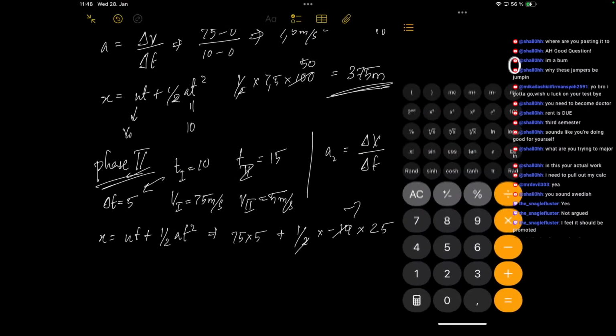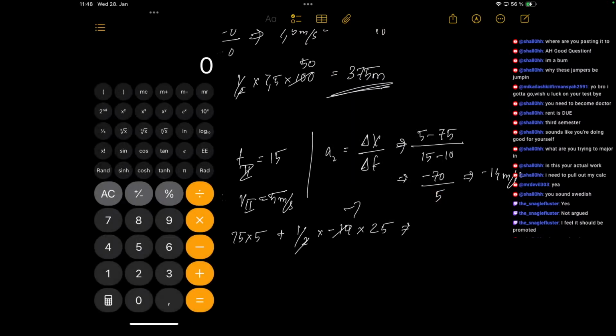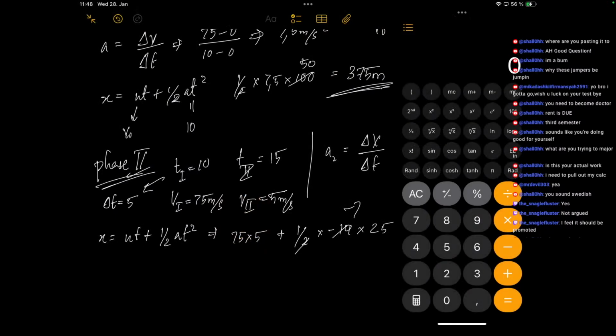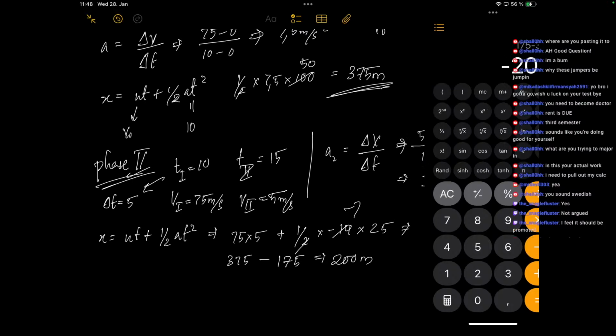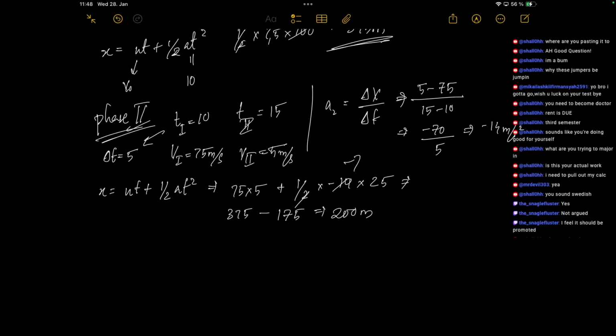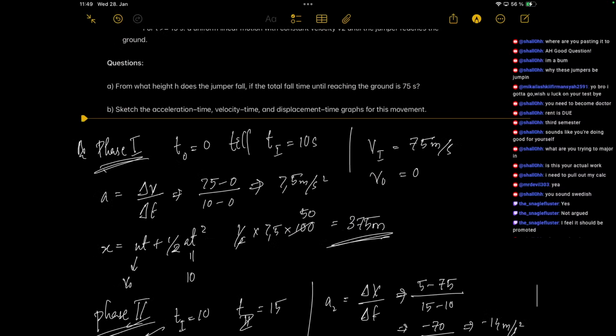I'm not doing that, I need the juice. Two hundred meters. So this time the jumper fell 200 meters.